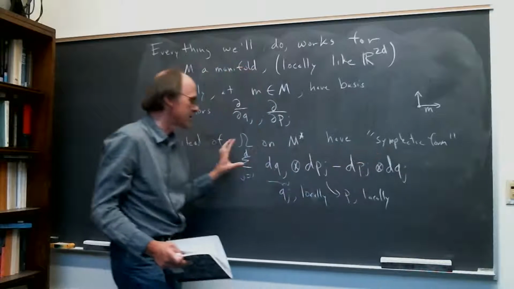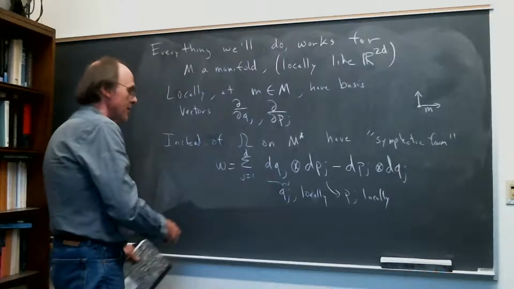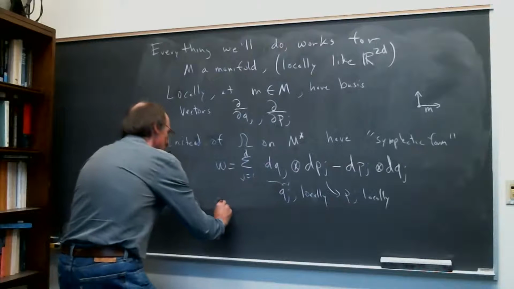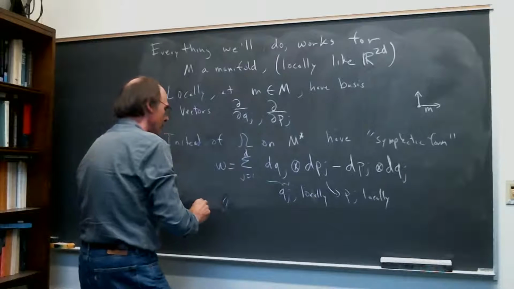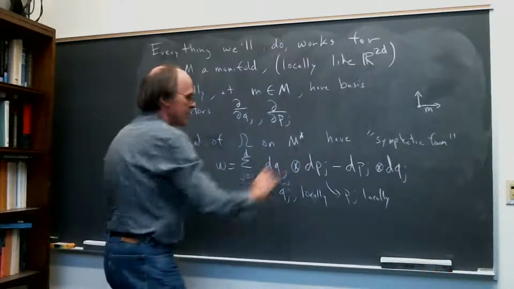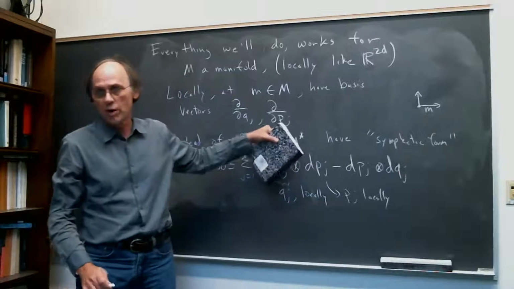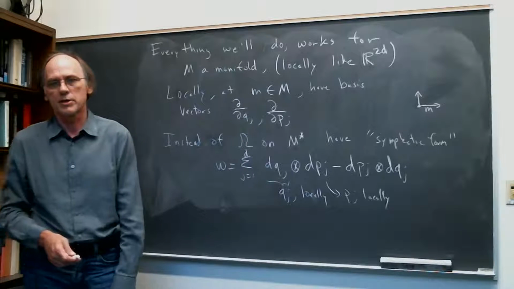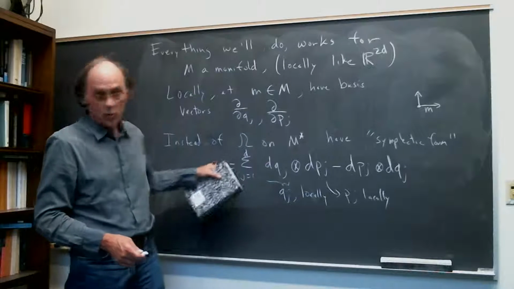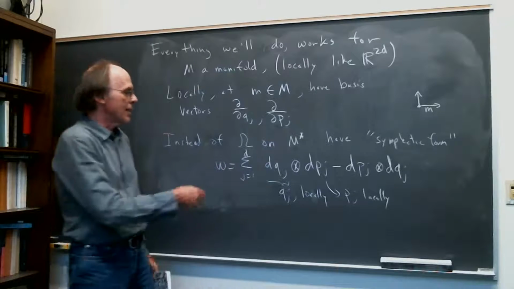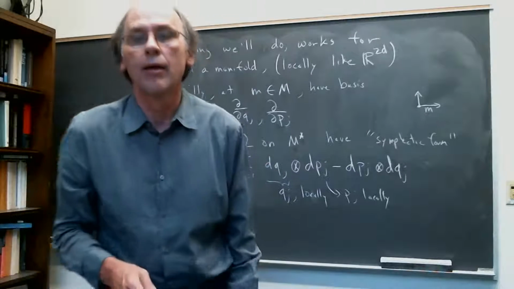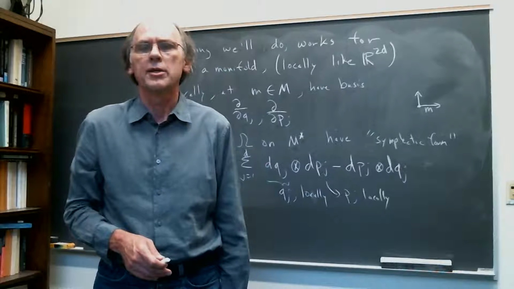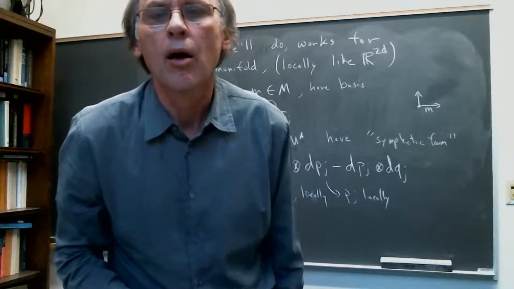If you study differential forms, this is what's called an antisymmetric two-form, and there's a whole long story about how to work with these things. Is this the same as the Kahler form?